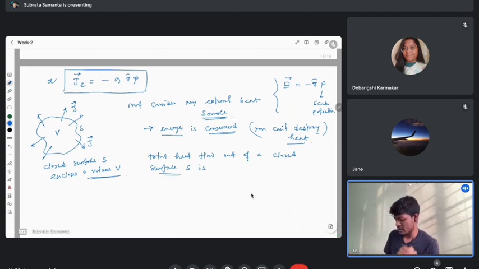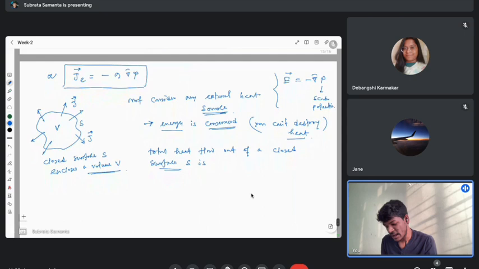Can you tell me what is the answer? Total heat flow out of this closed surface. We know that the heat flux is J.